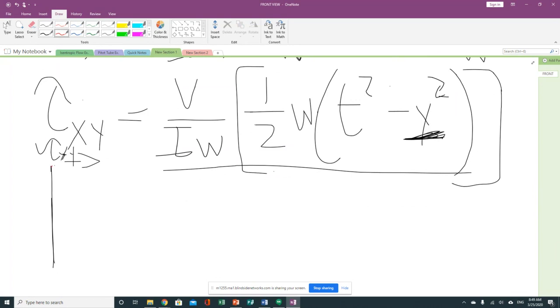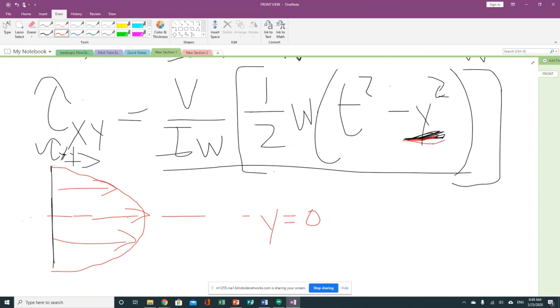It's going to start at 0, and because my y is squared, it's going to increase parabolically to a maximum where y equals 0, and then decrease again until it equals 0 at the opposite edge. This is our shear stress distribution. It's a parabolic distribution that depends on the geometry of the section.